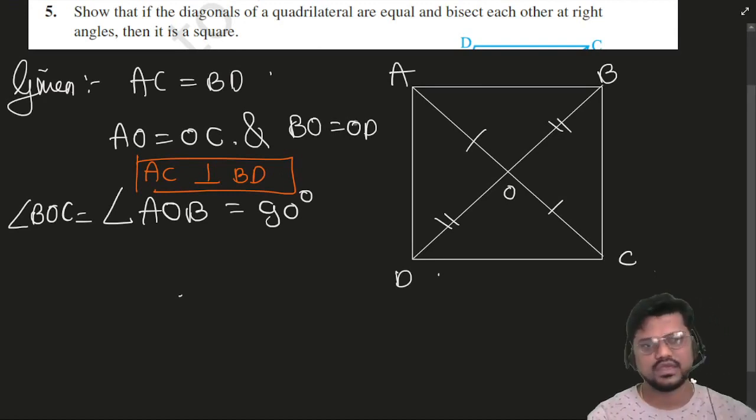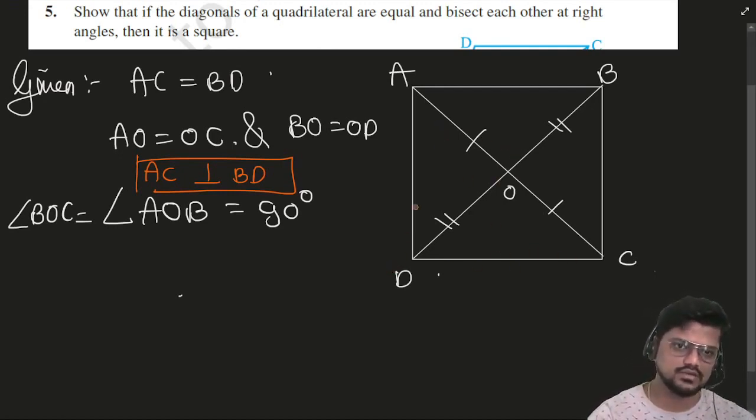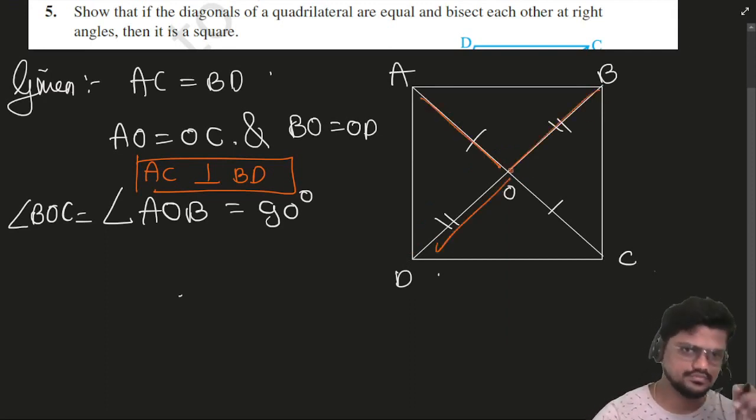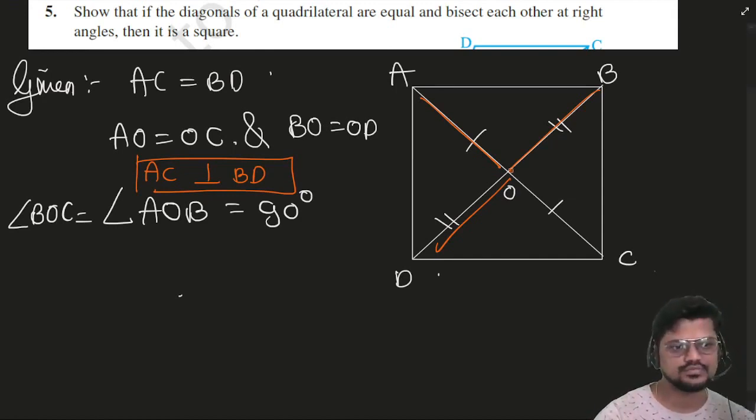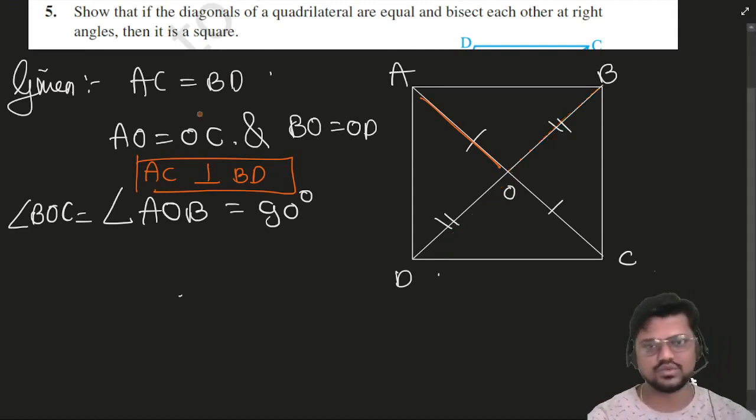Then if I take triangle AOB and AOD, what I know is only this side is common, this side is equal, and what I know, angle AOB equals angle AOD. How? It is given, no? The diagonals of the quadrilateral are equal and bisect each other. Yes, we can do that.